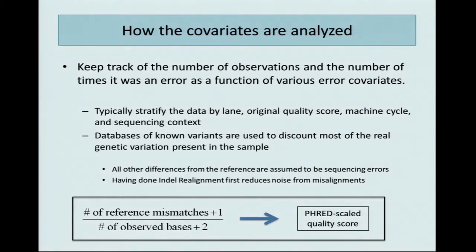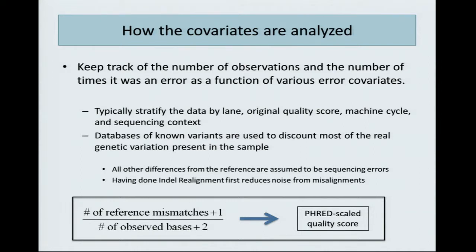So if the mutation rate at certain positions can be based on some of these factors, such as sequence context, then how do you know that you're not actually biasing your calls by just assuming that everything that's a mutation, that is de novo, is an error?